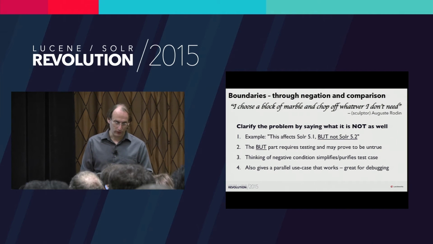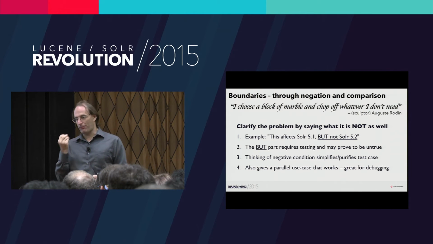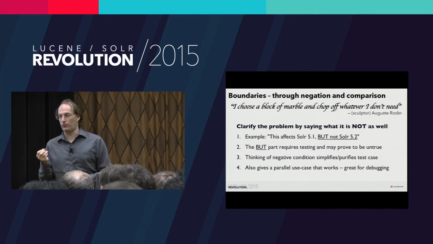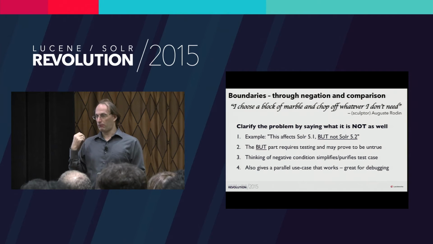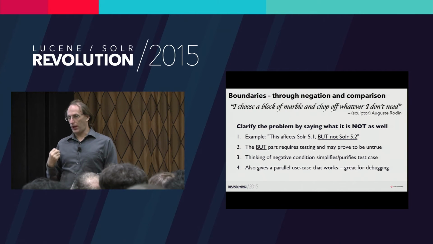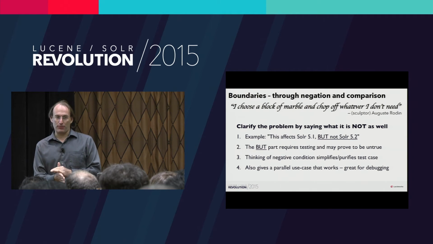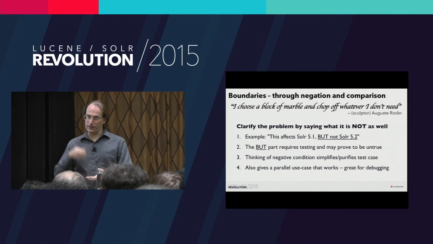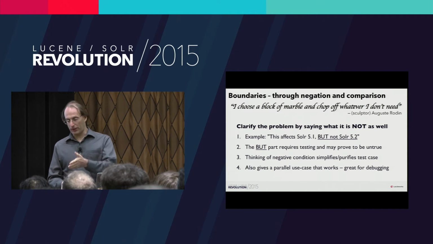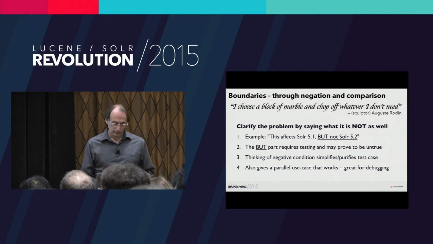Okay? And this negation is a mental thing. You have to look at the problem and poke at it and say, I am saying it's happening during search. Well, am I sure it's happening during search? Am I definitely sure it's not happening during indexing? And then you do a test case, you split it in the middle, and we're going to see how in a second, and test it.